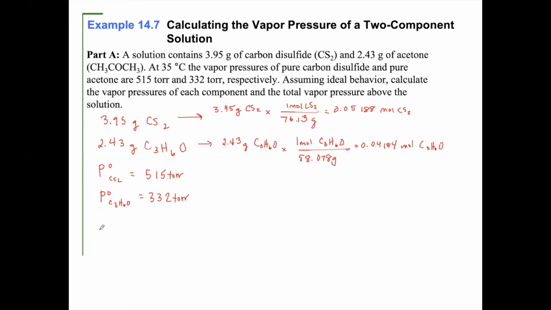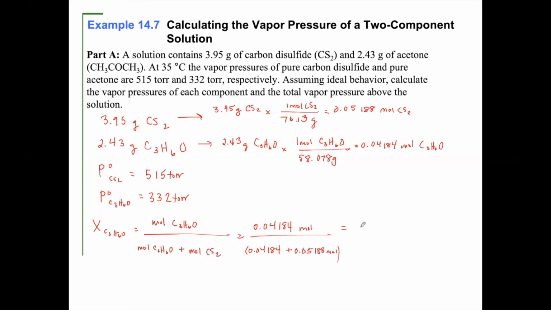The mole fraction of the acetone is going to be the moles of acetone over the moles of acetone plus the moles of the carbon disulfide. Okay, so that's our mole fraction for acetone.